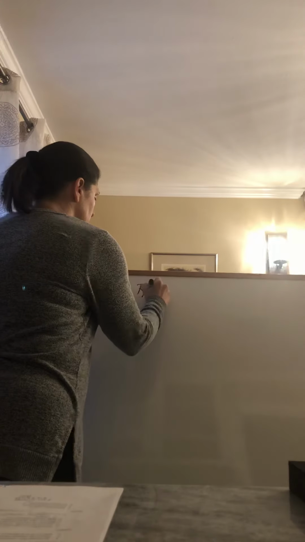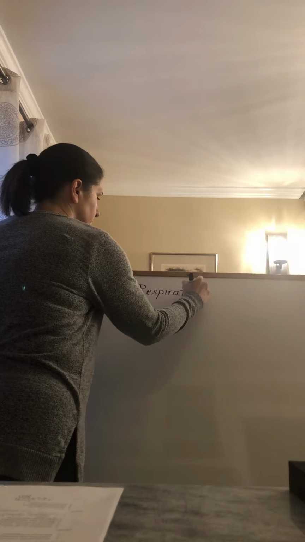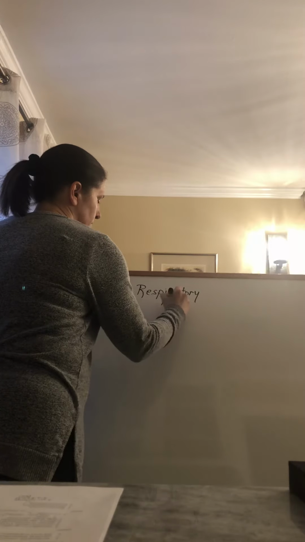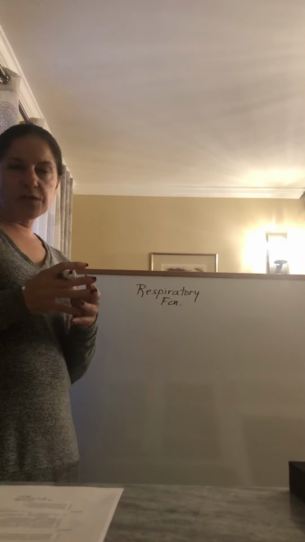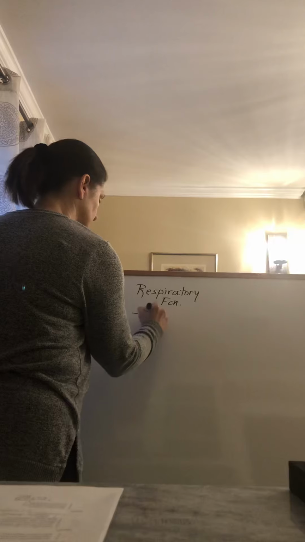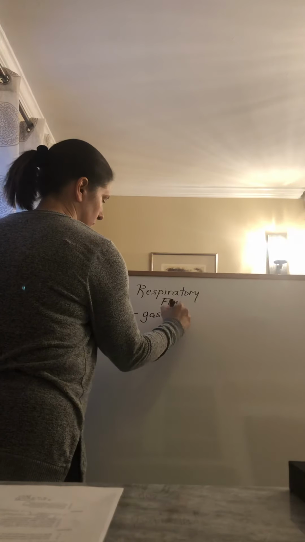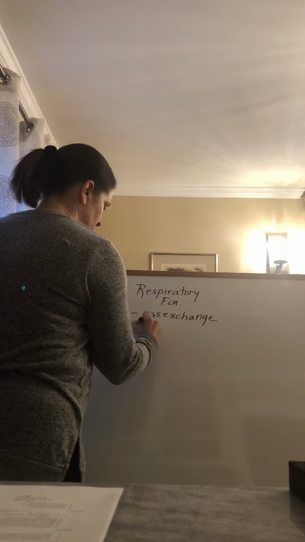Okay, so before we get going, we want to think about what our respiratory system is really supposed to be doing. So remember, the two major functions of our respiratory system are gas exchange and then pH balance.